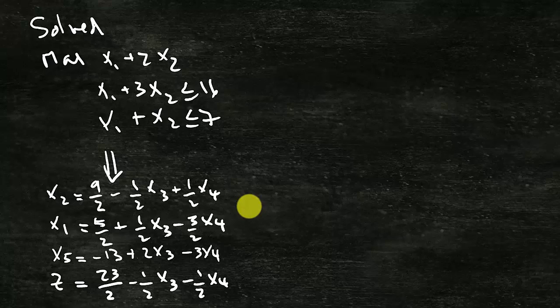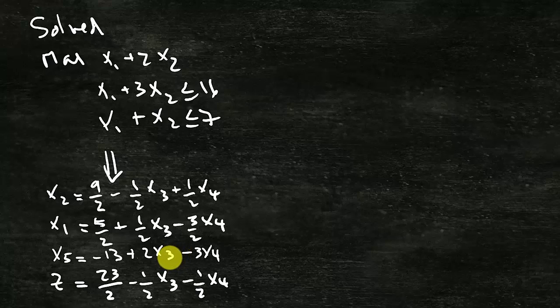So now the question is, if we're trying to remove this infeasibility. This infeasibility can only be removed by increasing x3. By increasing x3, we can overcome this infeasibility.